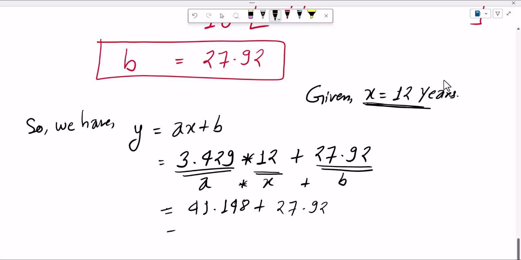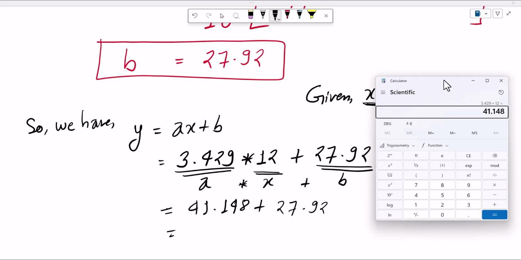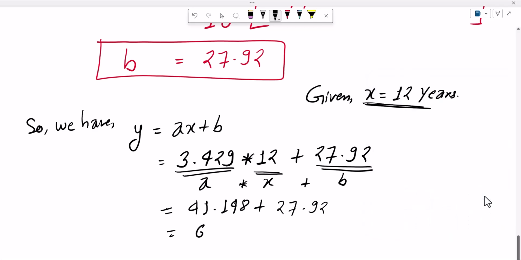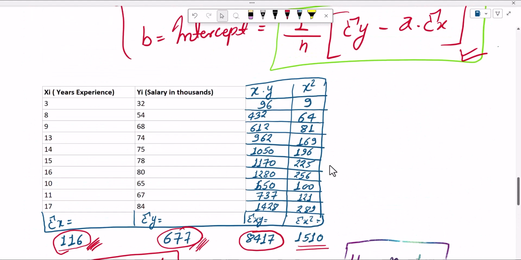Now add the values and you will get 69.06, right? So this is the salary: if you have 12 years of experience, then you will get 69,000 salary, right? The salary is in thousands.